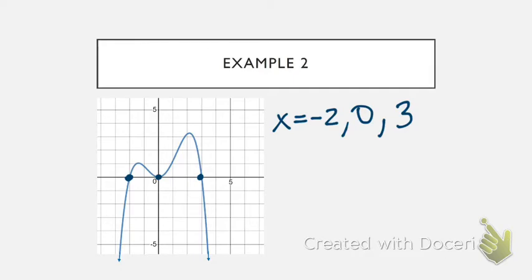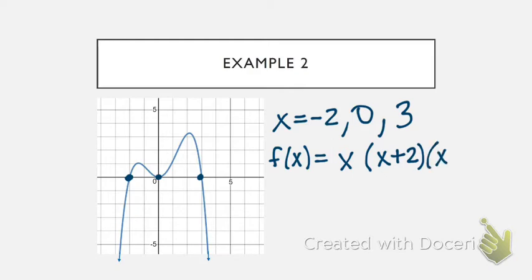So now I know that my function, since I have an x-intercept at 0, I'm going to have an x out here by itself. I have an x-intercept at -2, which means there's going to be a factor of x plus 2. And I have an intercept at +3, so I'm going to have a factor of x minus 3.